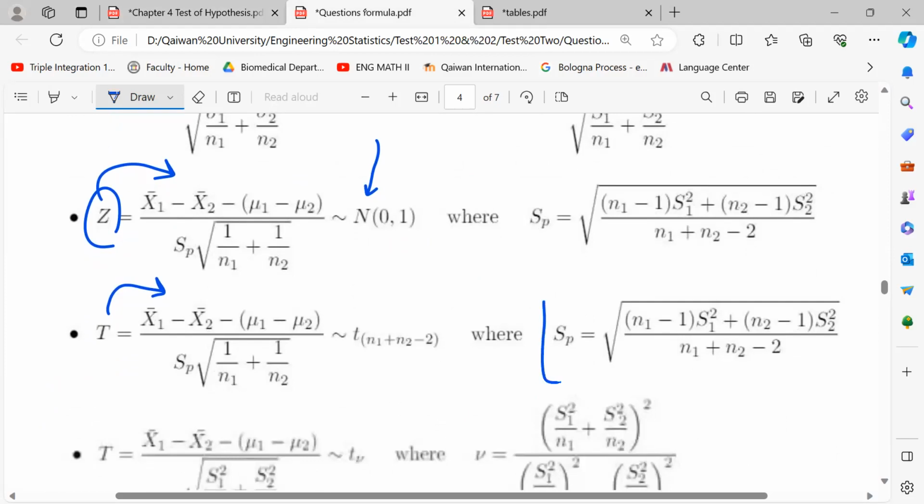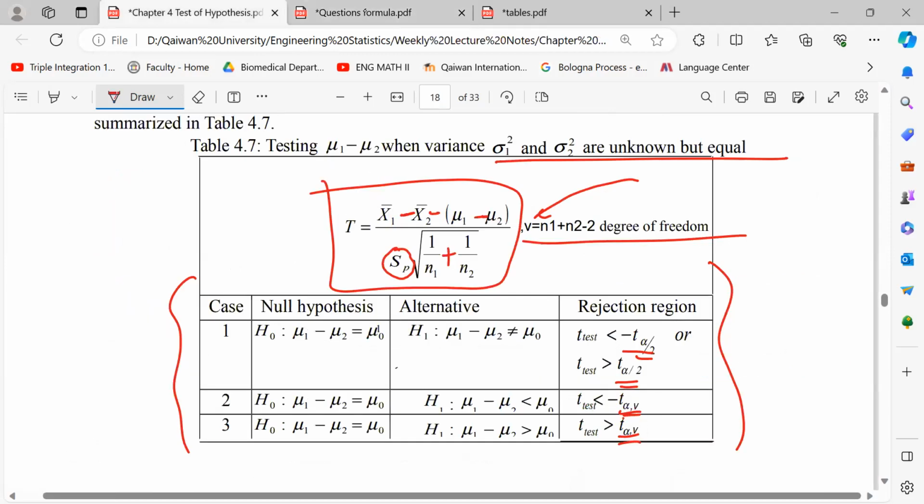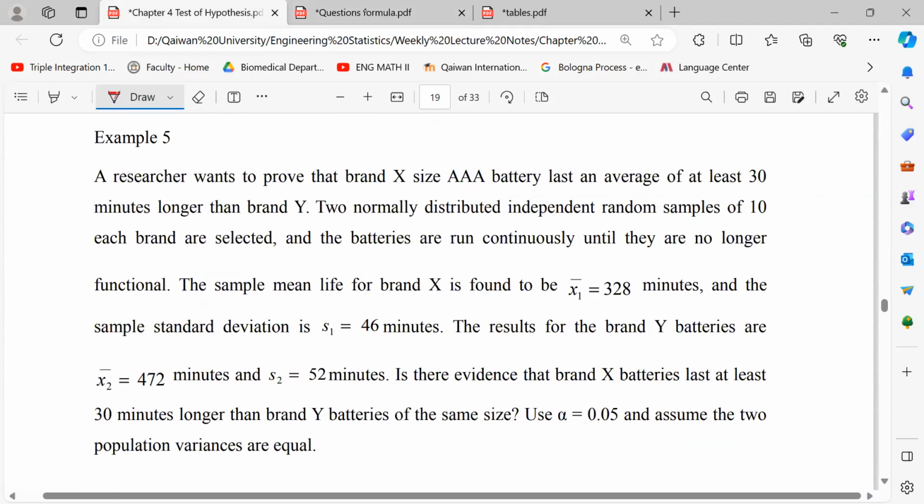This is ASP. We calculate this. It's only based on the population sizes and their standard deviations. S1 and S2 should be given in the example. We just square them, put it here. N1 and N2 are the population size. It's just calculations.